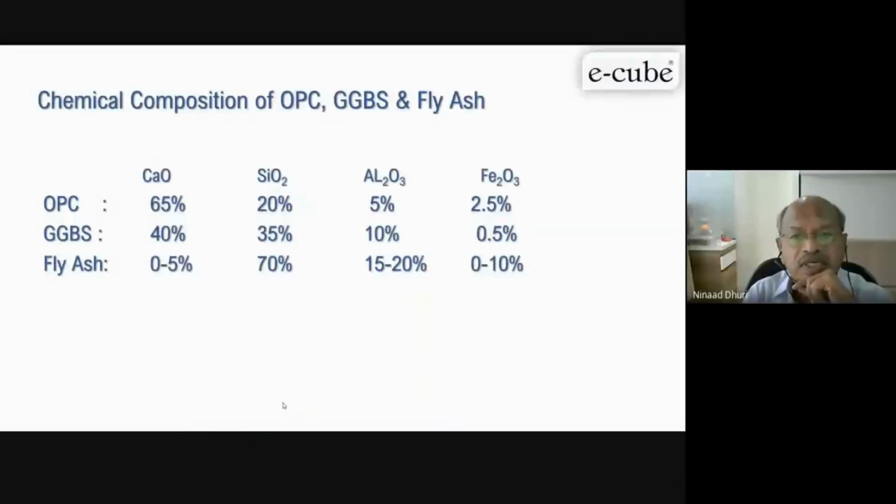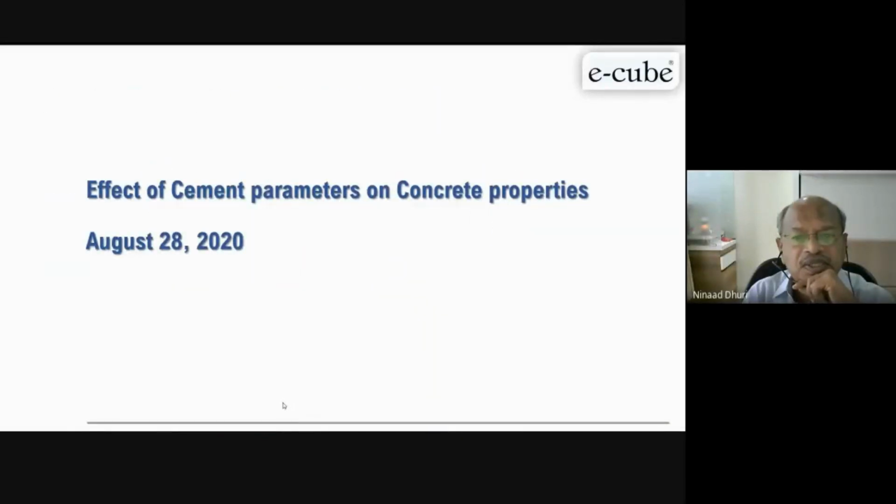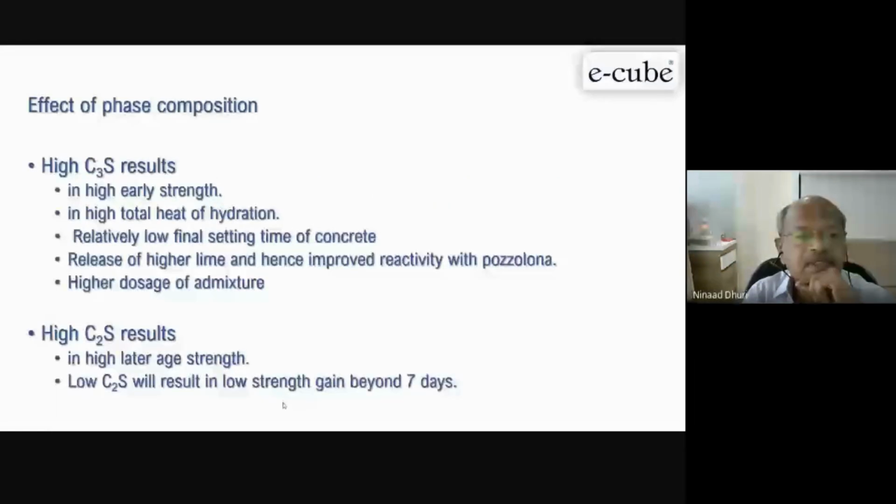Now this is what we have already discussed. Now this is something where we have checked the parameters. C3A, what is the effect of this? I'm talking about concrete. High early strength, total heat high, then low final setting time, releases higher lime and hence improves the reactivity of pozzolana. That's why in OPC they add more fly ash.